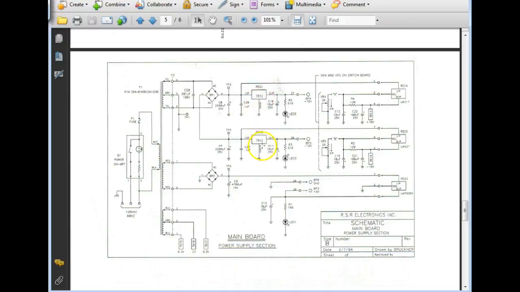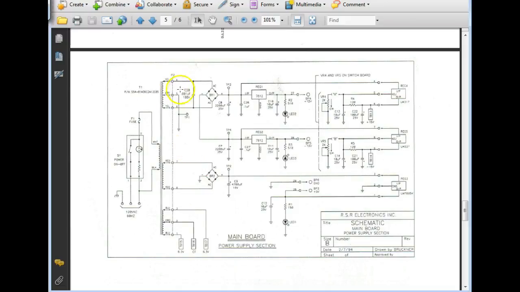Y'all understand that? Because this power supply is using these two diodes. This power supply is using these two diodes. So anytime you see this grounded center tap, that is a full wave center tap. We can't have the center tap on the transformer side if it's a full wave bridge. So over here, this is a full wave bridge. Where's the common at? The common's on the other side of the diodes, right?